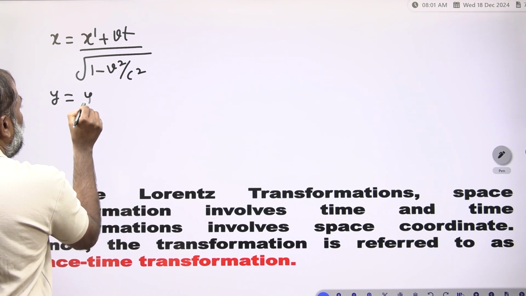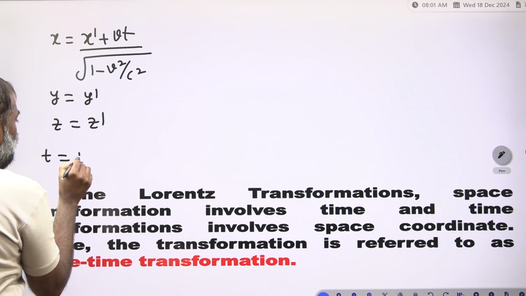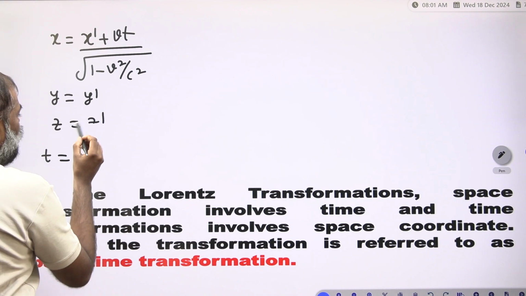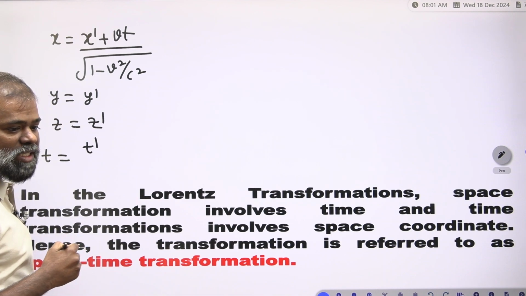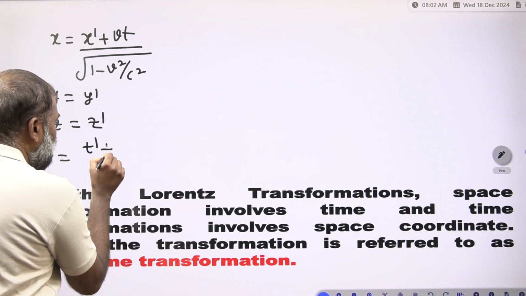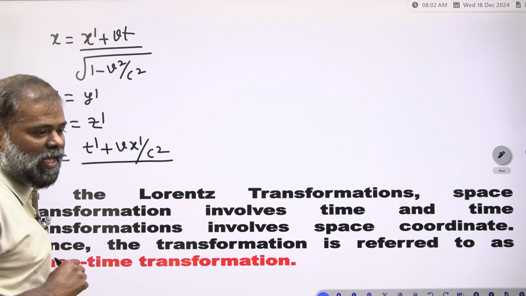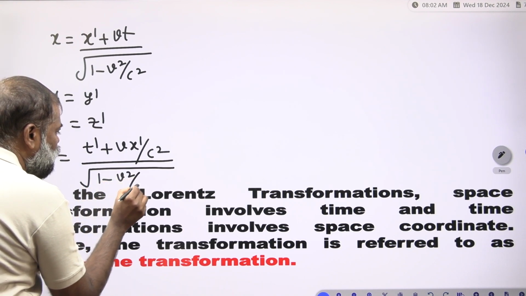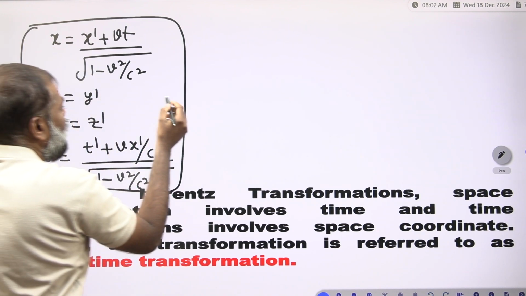Y is equal to y dash, z is equal to z dash, and t is equal to t dash plus Vx dash divided by C square, into square root of 1 minus V square by C square. So these four expressions, what do we call them?